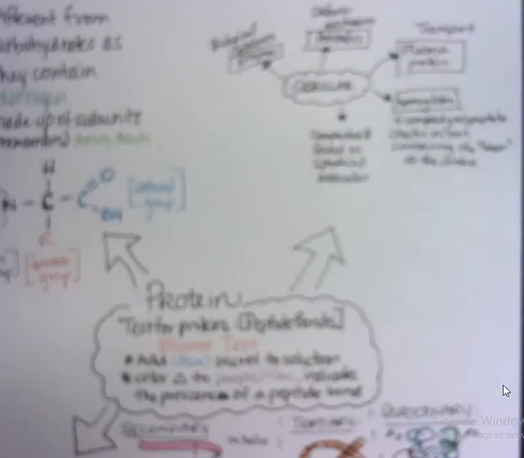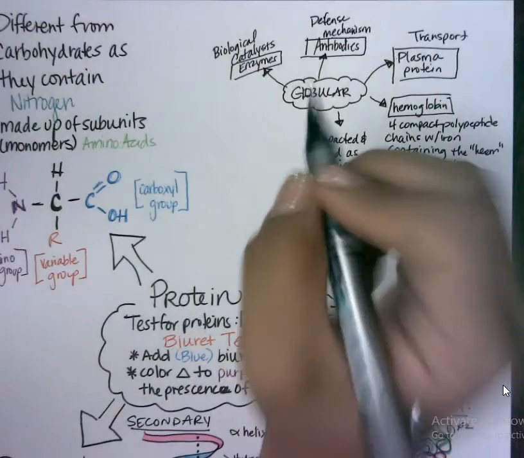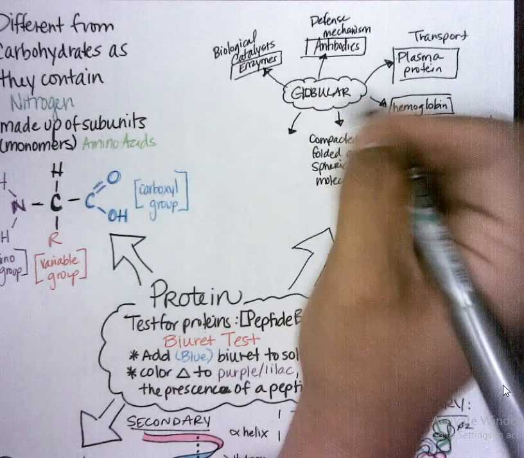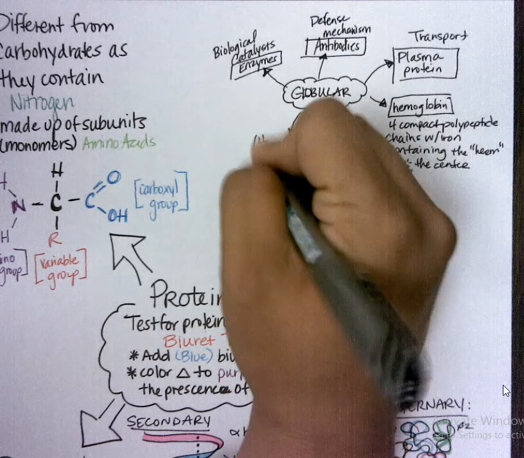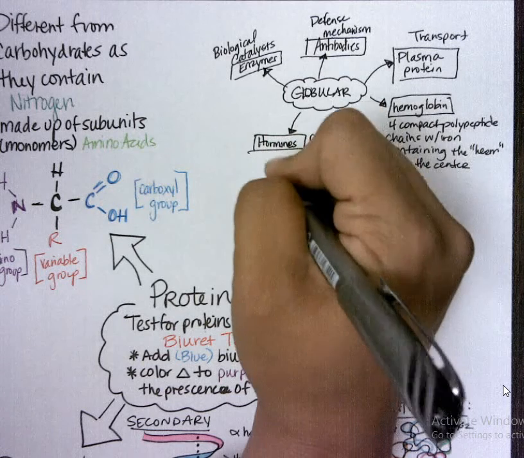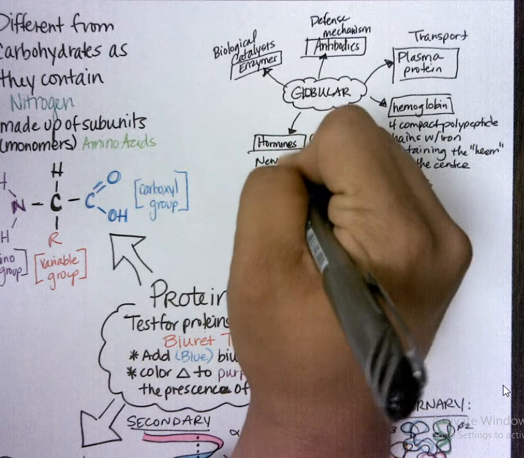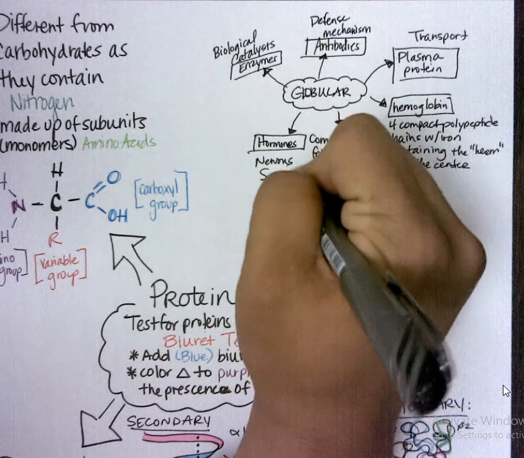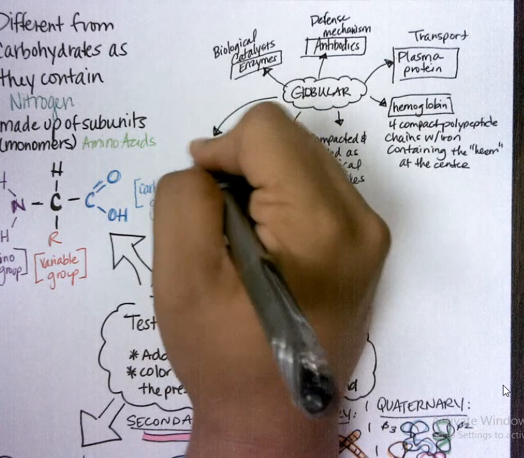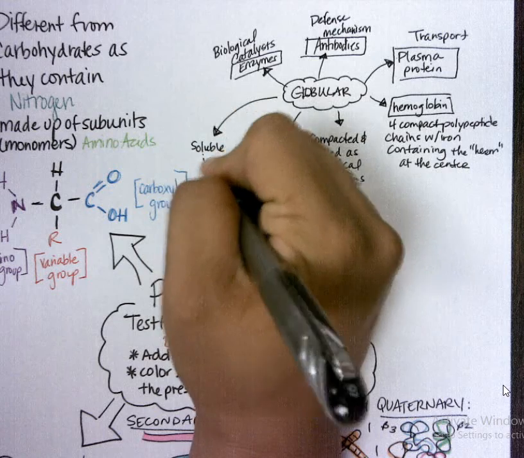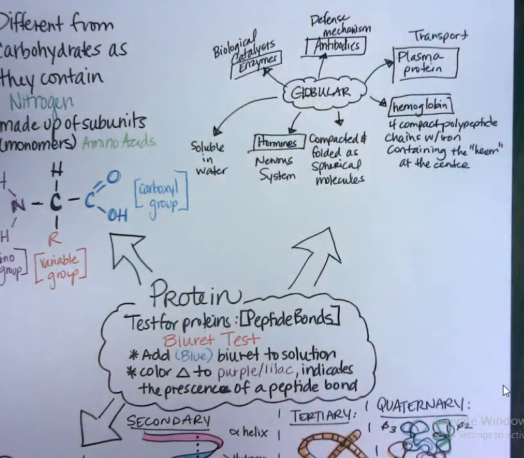All right, other things that we know about globular proteins is that hormones are also found in this category. Okay, hormones are part of the nervous system. And more importantly, we need to know that globular proteins most likely are soluble in water. Okay, so that's all globular.